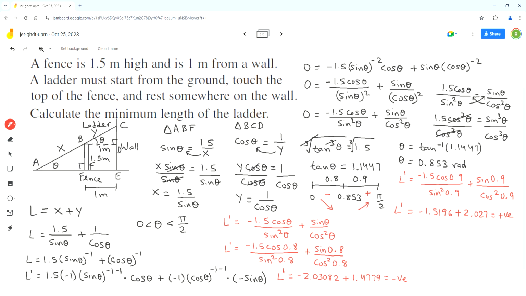There is a minimum point on the length function at theta equals 0.853 radians. Now we have to find the minimum length of the ladder, so we should sub in theta is 0.853 in the length equation. Now we can evaluate this expression.